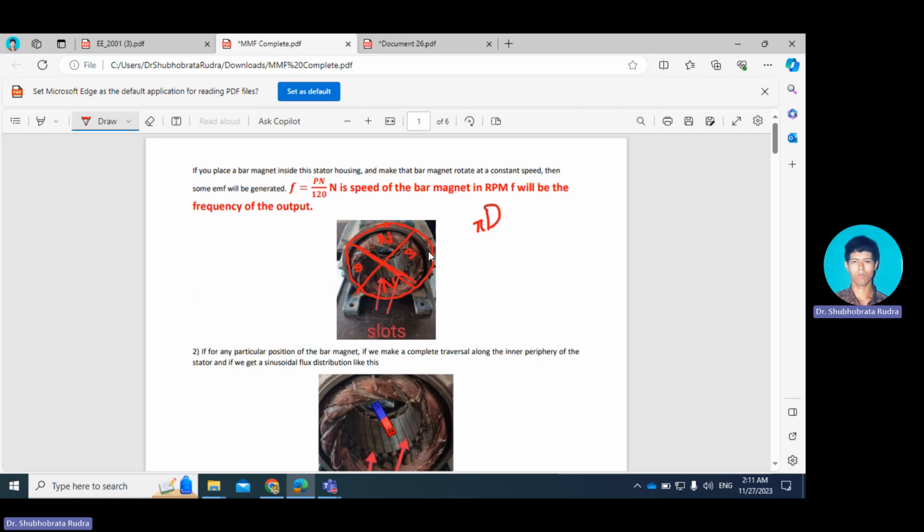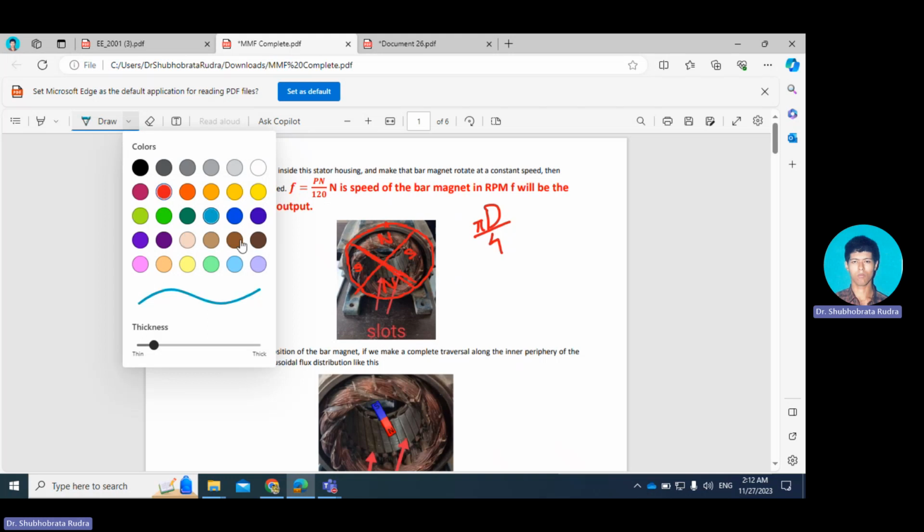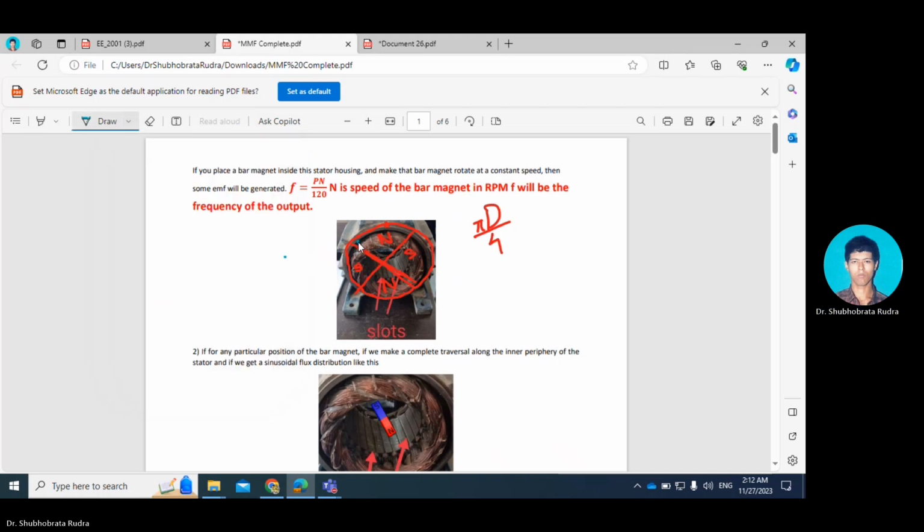Now, if I have, say, 4 poles, then this should be divided by 4. So precisely this length is pi d by 4 along this curvilinear path. So this pi d by 4 is the length given by one pole pitch.